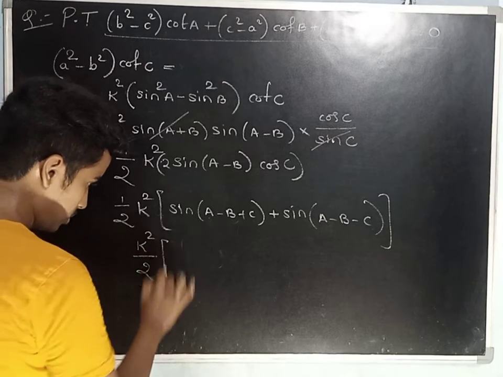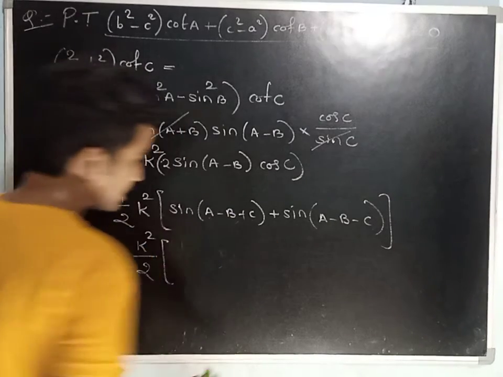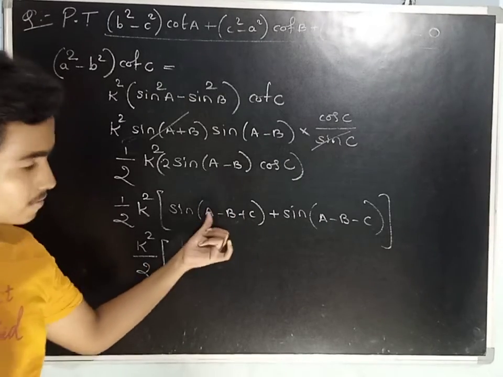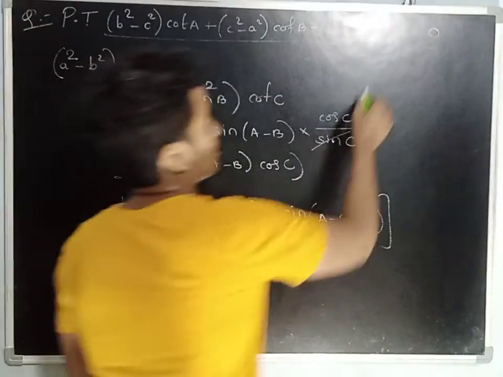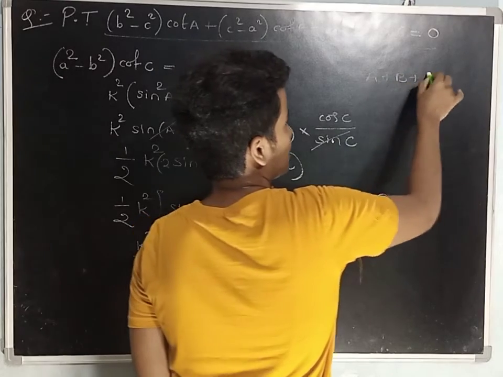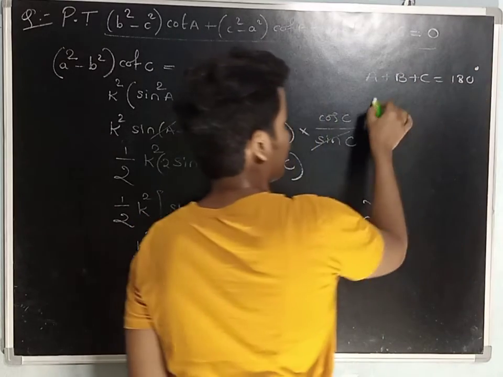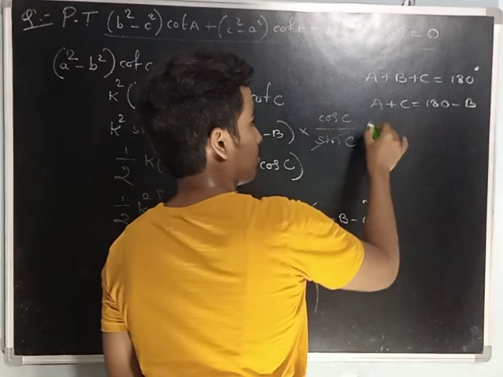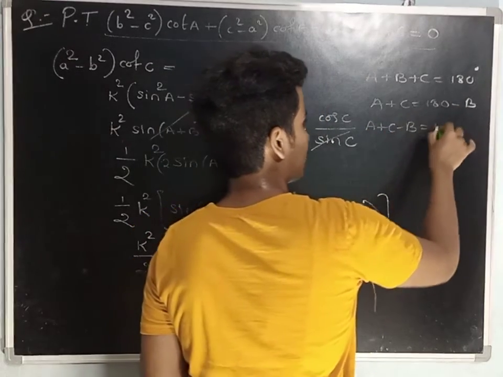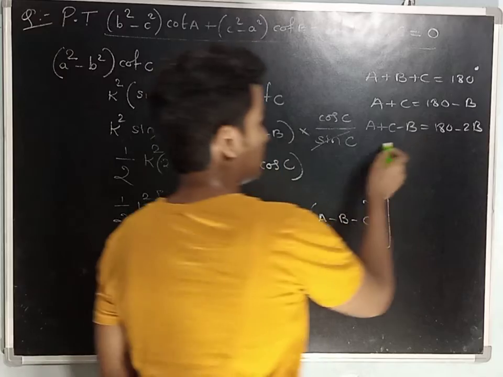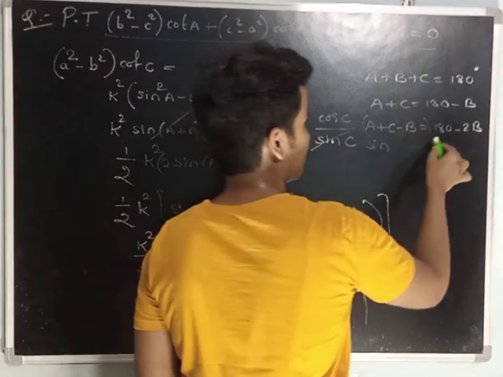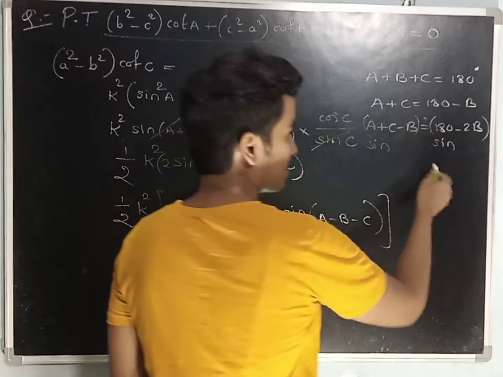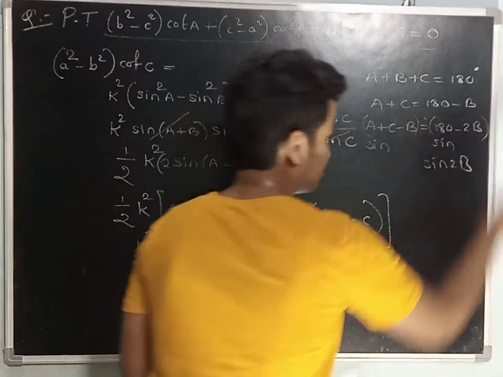K square by 2 into a plus c, which is 180 minus b, minus b, so 180 minus 2b. A plus b plus c is equal to 180 degrees, so a plus c is equal to 180 minus b. A plus c minus b is nothing but 180 minus 2b. Putting sine on both sides, sine of 180 minus 2b is nothing but sine 2b.